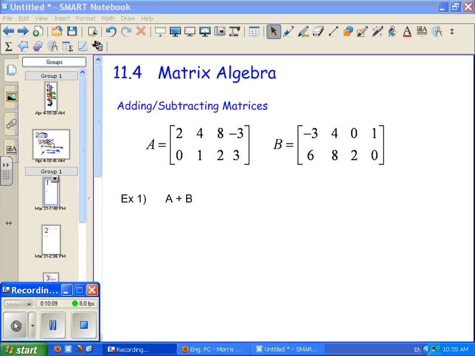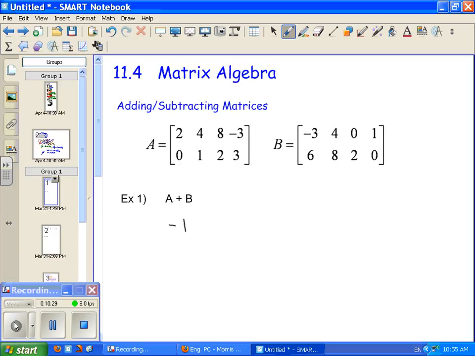All right, so these both have 4 columns and 2 rows, so I'm allowed to add and subtract these together. So when they say A plus B, it's really simple. All you have to do is add the places that correspond with each other. So A plus B: 2 plus -3 is -1. 4 plus 4 is 8. 8 plus this 0 is 8.